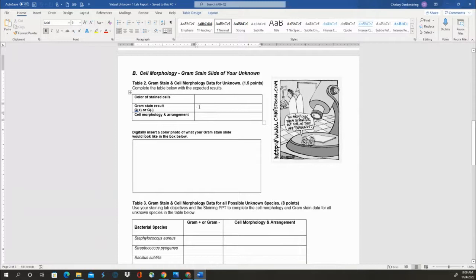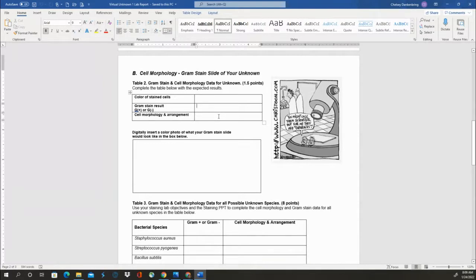So you're going to tell me if your organism is gram positive or gram negative, and then you're going to use the terminology that we've talked about to describe morphology and arrangement of cells. Okay, so for this whole thing, you're going to need to reference back to the lab notes and the lab PowerPoints and our discussions over these labs to make sure you're using the correct terms.